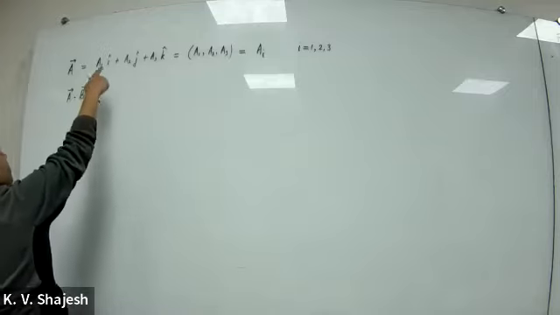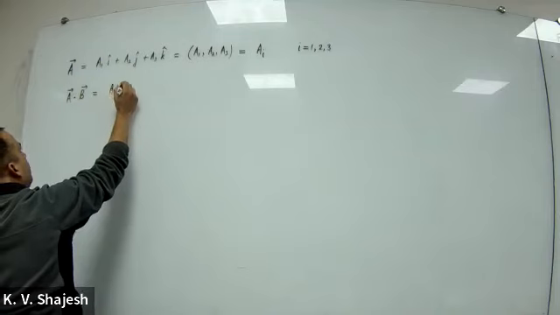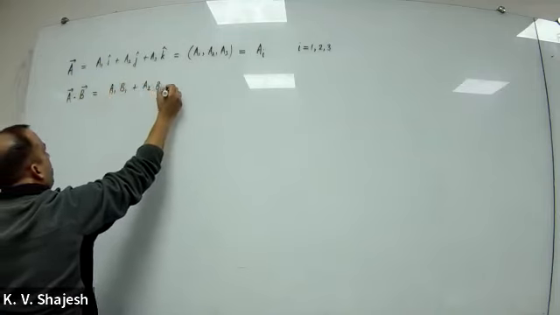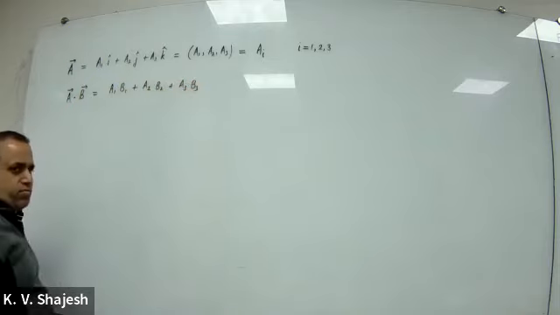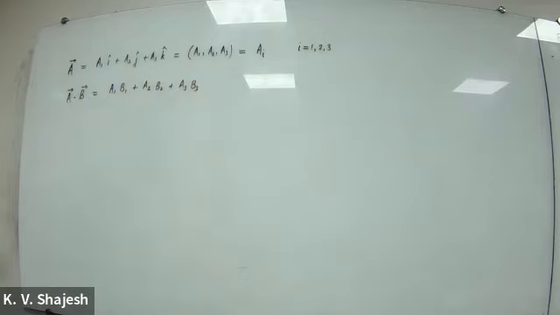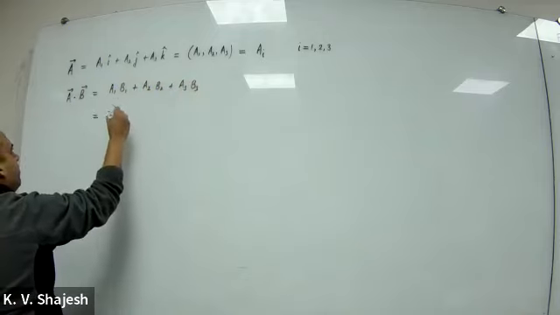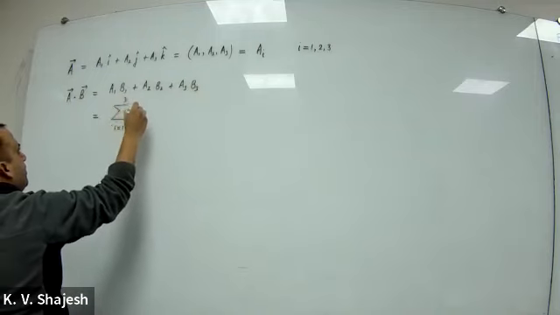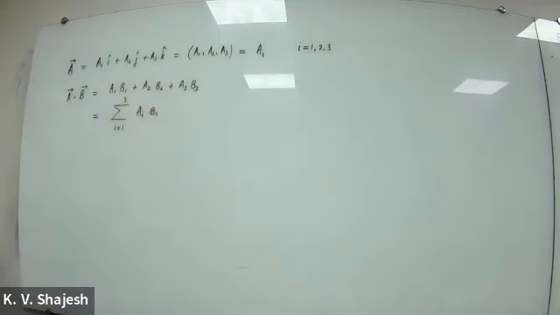We know that for two vectors, you do A1 B1 plus A2 B2 plus A3 B3. And this is nothing but the summation over i equal to 1 to 3 of Ai Bi. That should be familiar.